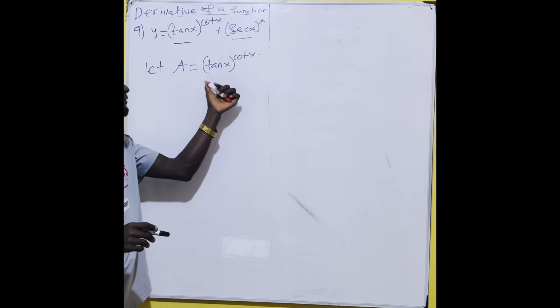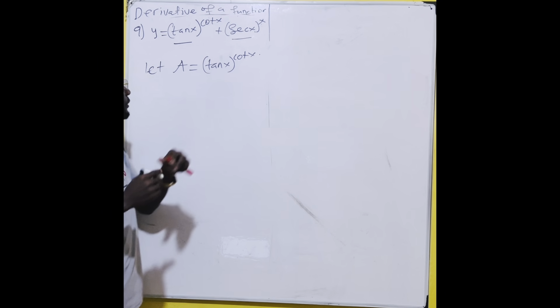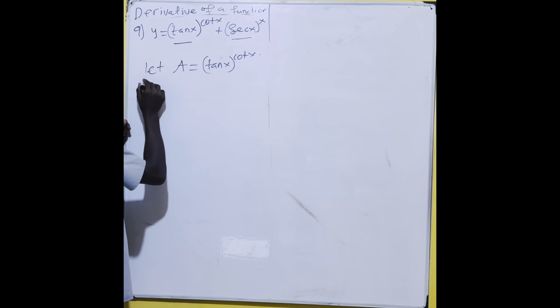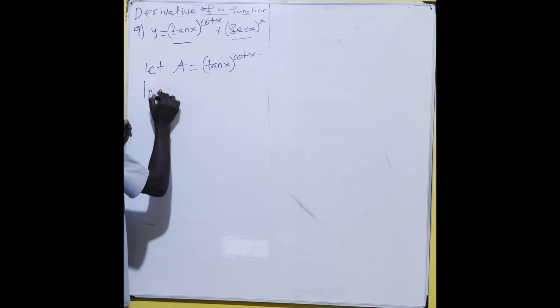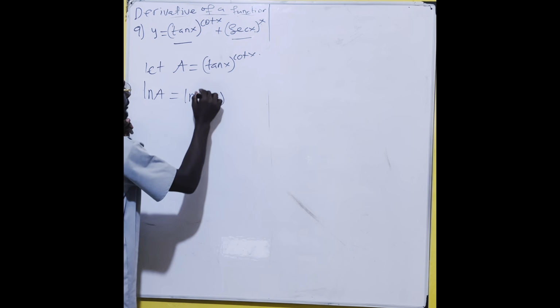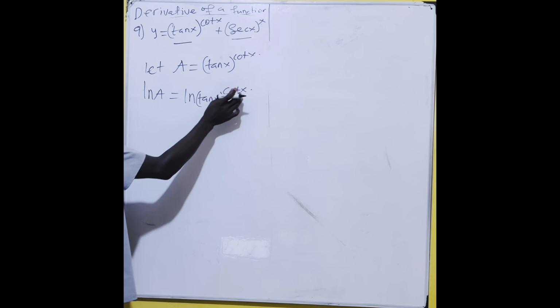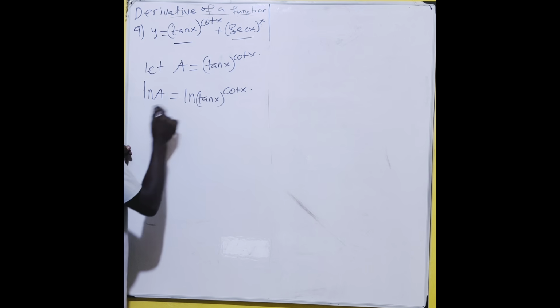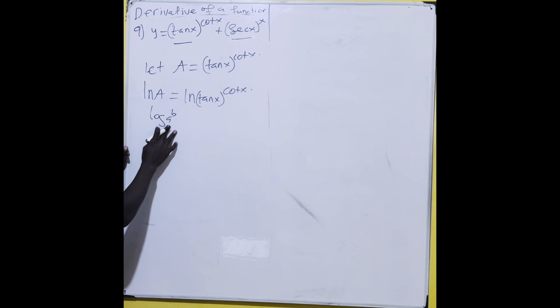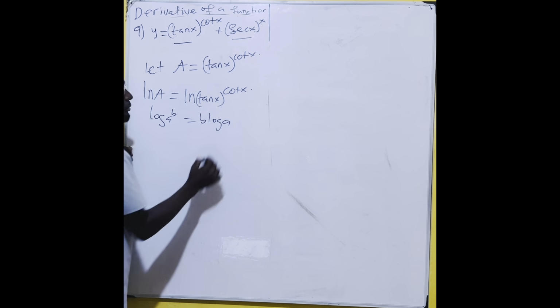And before we can differentiate this, we have to introduce the natural log to both sides. So we introduce the natural log to both sides, and we have ln tan x to the power cot x, right? And one of the properties says that if you have log a exponent b, then you have b log a.